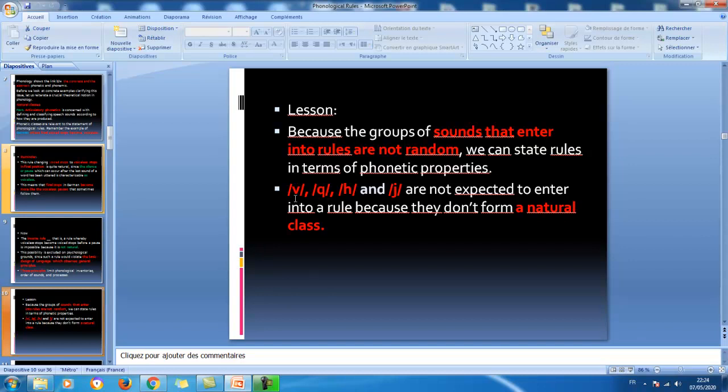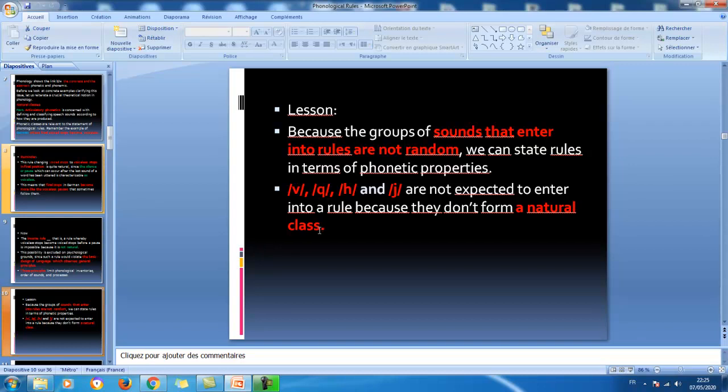Now let's have this example of a group of sounds. V, Q, H, Y. Do these sounds represent one natural class of sounds? Of course, they are not expected to enter into a rule because they don't form a natural class.